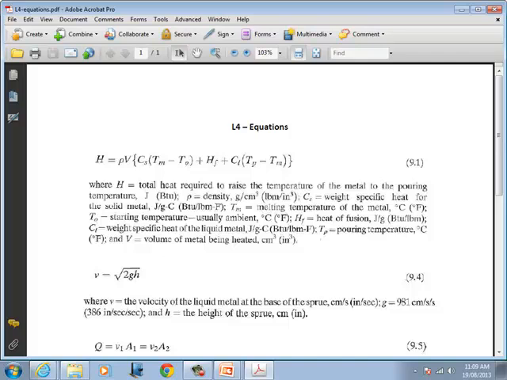CS stands for the weight specific heat for the solid material, and CL is the same specific heat energy when the material is in the molten state. L stands for liquid. And then HF sitting right here is the heat of fusion, which is required to change the state of the material from solid to liquid.